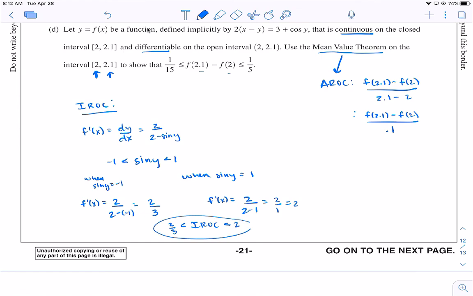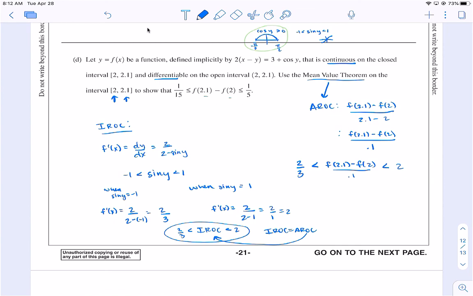Then I want to take this interval and compare it to that. The instantaneous rate of change by mean value theorem is equal to the average rate of change. So I'm just going to take the average rate of change and put it right there. So now I could say, okay, 2/3 is less than the average rate of change, f at 2.1 minus f at 2 over 0.1, and this has to be less than 2.